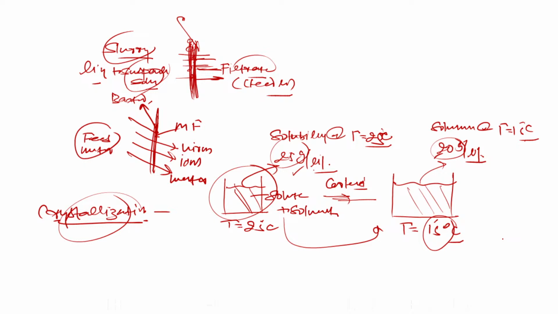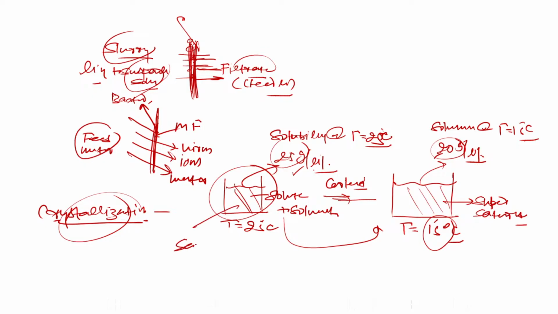Per liter, 5 gram of excess solute. This excess solute will come out, will precipitate from the solution because it is beyond its limit. This solution has become supersaturated.